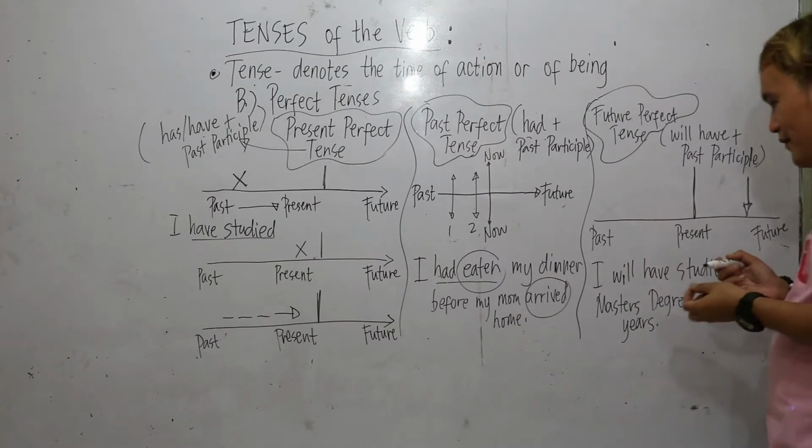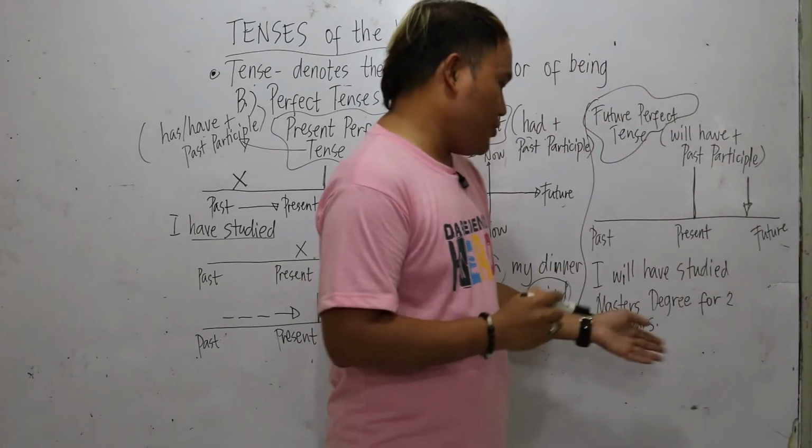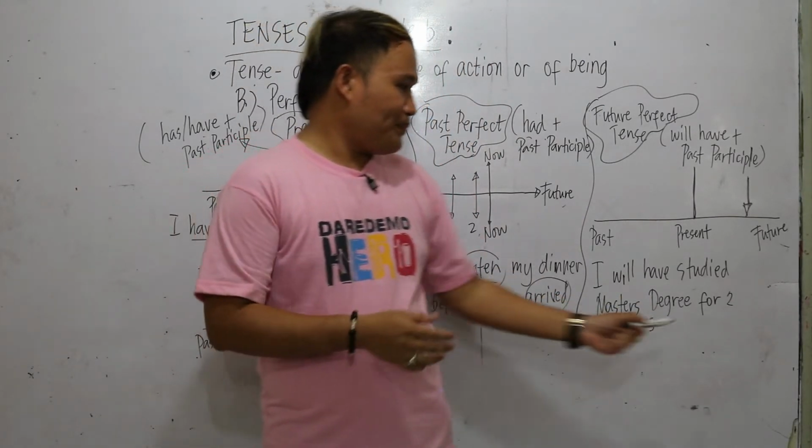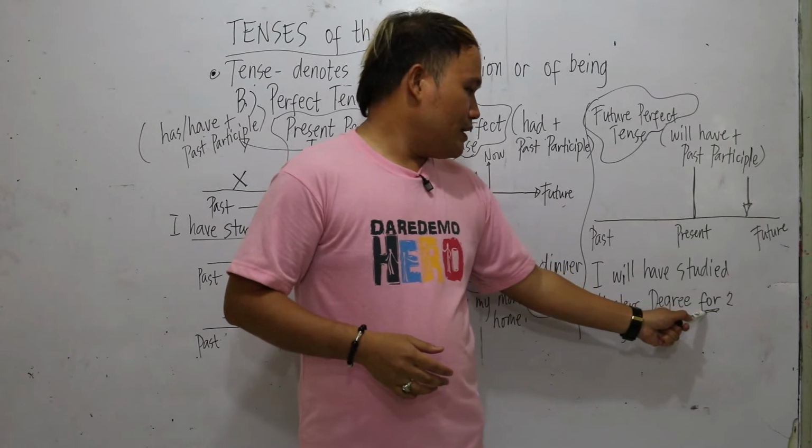Okay, so we have here, I will have studied master's degree for 2 years. Now we have here signal words for, okay, 2 years.